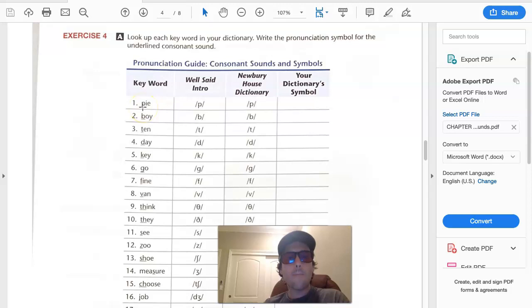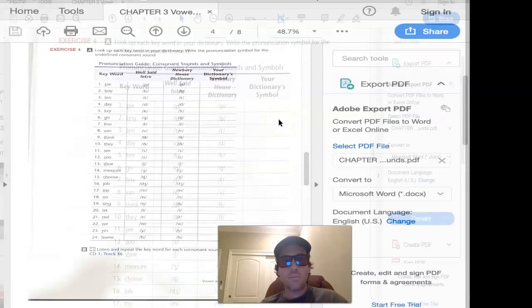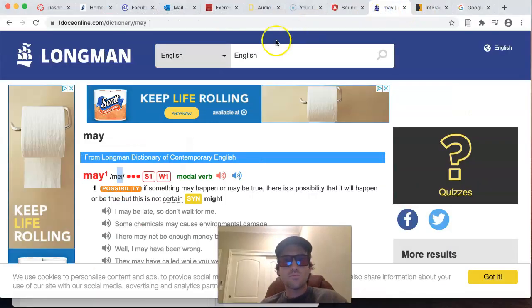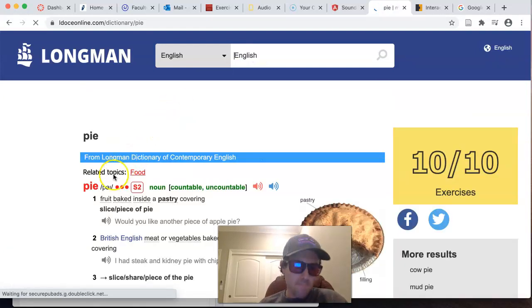The first one, pie. It is probably going to be the same for Longman, but we're going to look it up anyhow. We're going to go to the Longman dictionary and type in pie. And again, we're looking for the consonant sound, not the vowel sound.